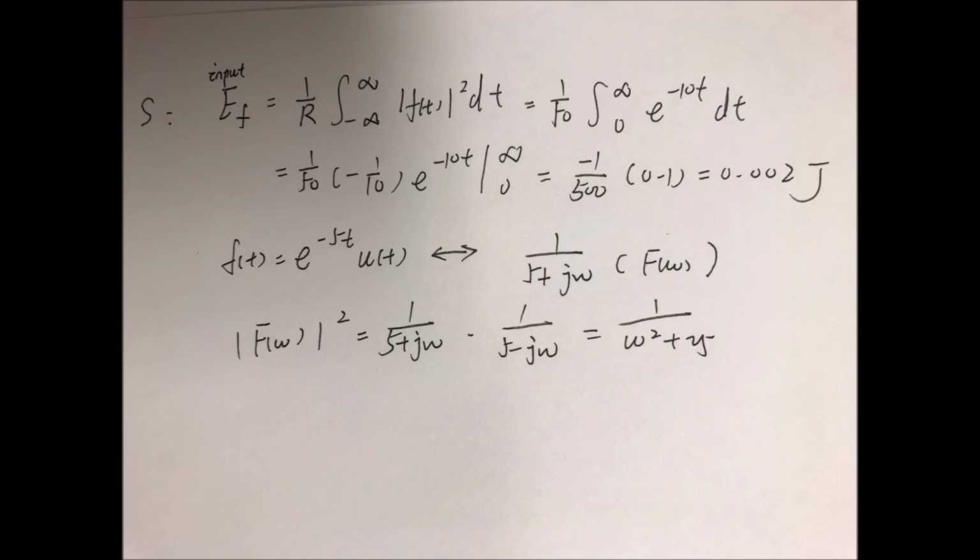How about e to minus infinity? 0. e to 0 is 1, right? Is 1. So we get 0.002 joule. This is my input signal's energy. Any problem, question? So I give you more detailed steps compared with the textbook.